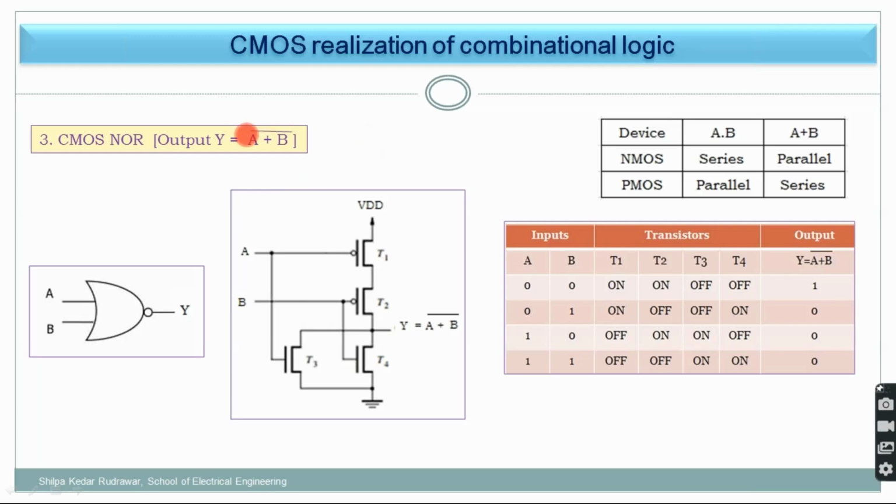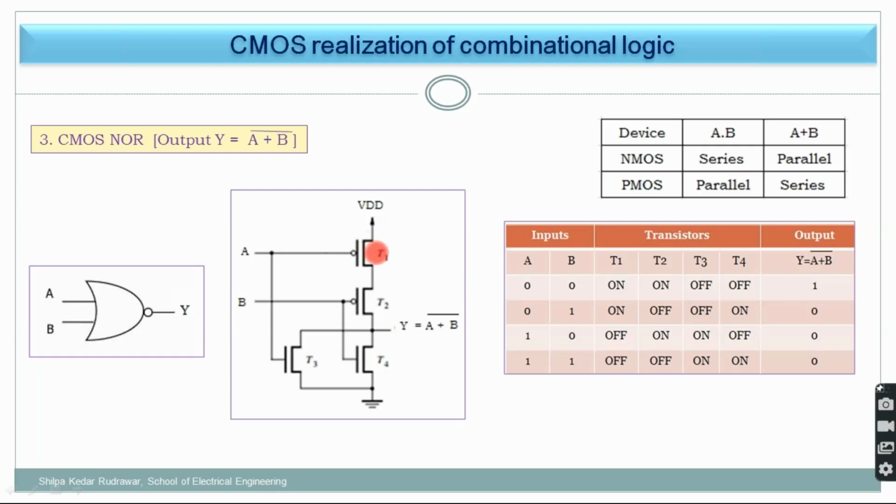Now suppose this equation is not given and only the diagram is given to you. How to recognize it? In NMOS, that is the pull-down network, both are in parallel. Parallel means plus, so A plus B, and the complement of that is your expression. I showed you how to justify this truth table.